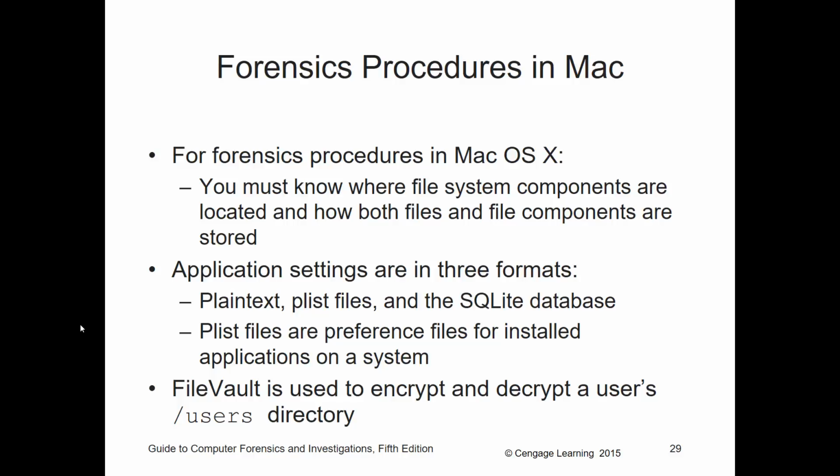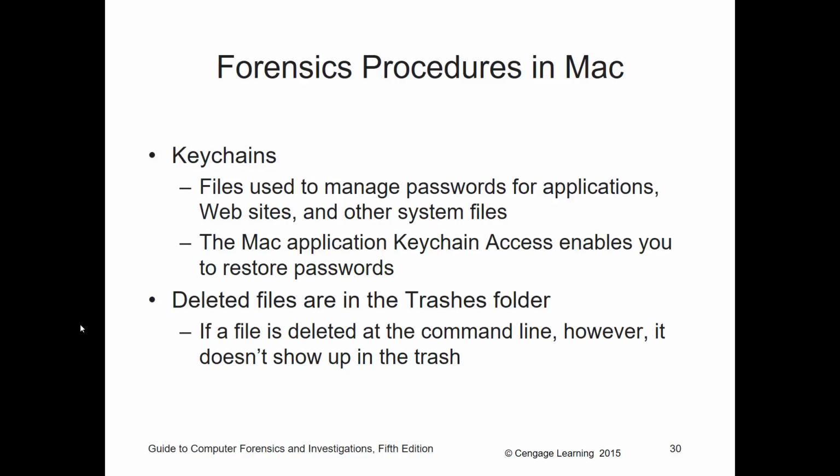We also have what's called FileVault, which is used to encrypt and decrypt users' directories. We have keychains, and these are files used to manage passwords for applications. The Mac application Keychain Access is what manages them and allows you to enable and restore passwords.